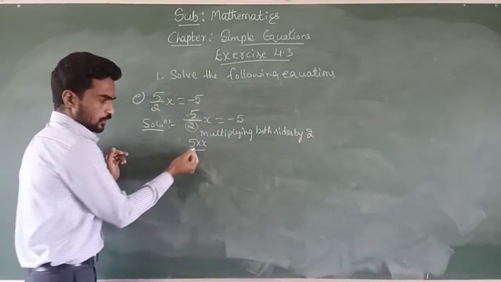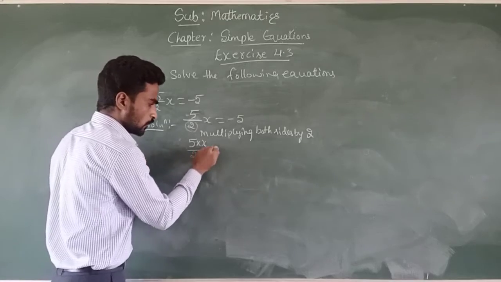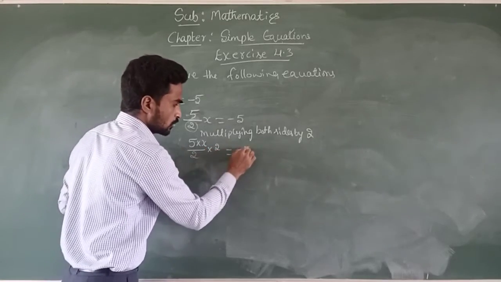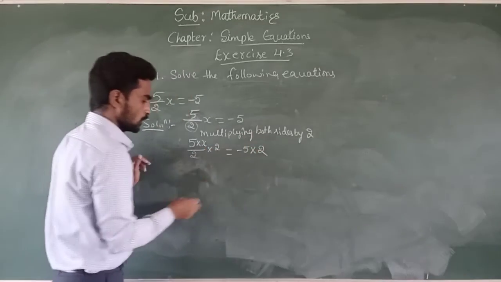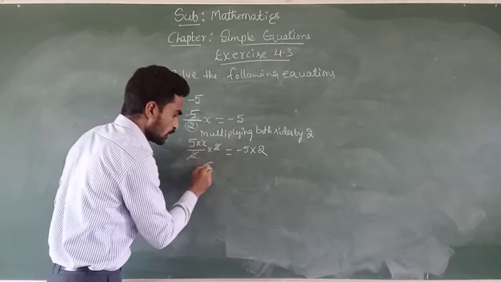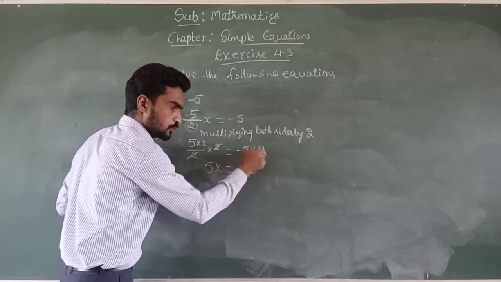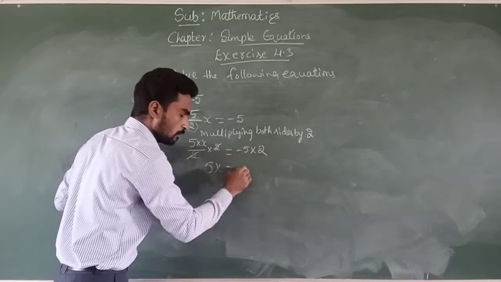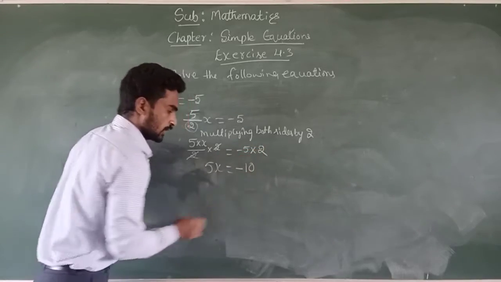We get 5 into x divided by 2 into 2 is equal to minus 5 into 2. Then these two will be cancelled out. The remaining term is 5x is equal to minus 5 into 2, minus 10.